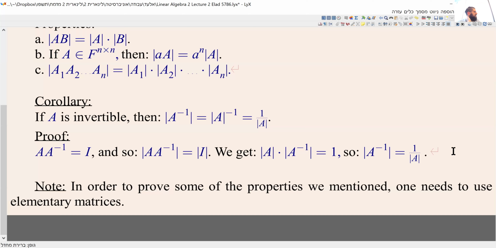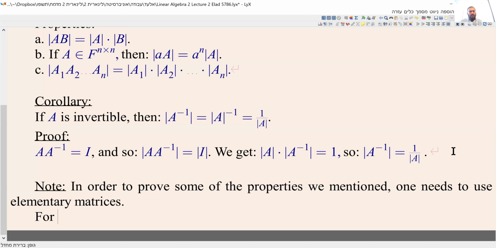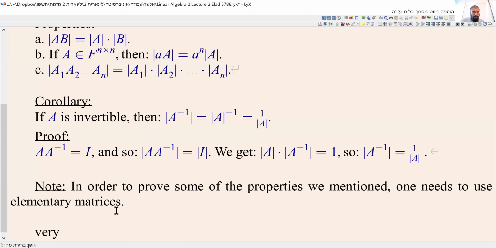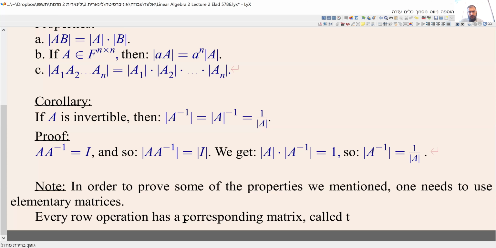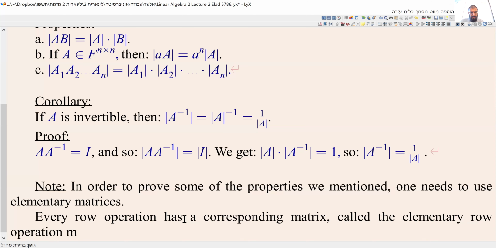Let me remind you what an elementary matrix is. For every row operation has a corresponding matrix called the elementary row operation matrix, or simply elementary matrix.